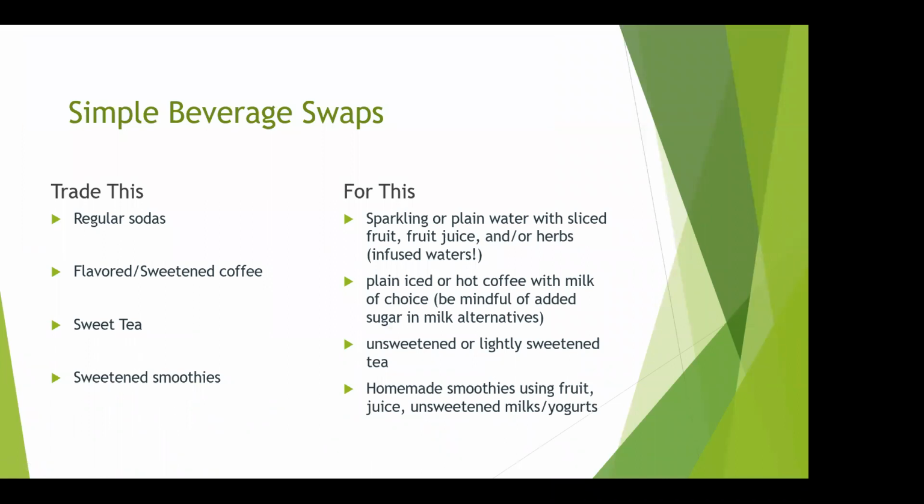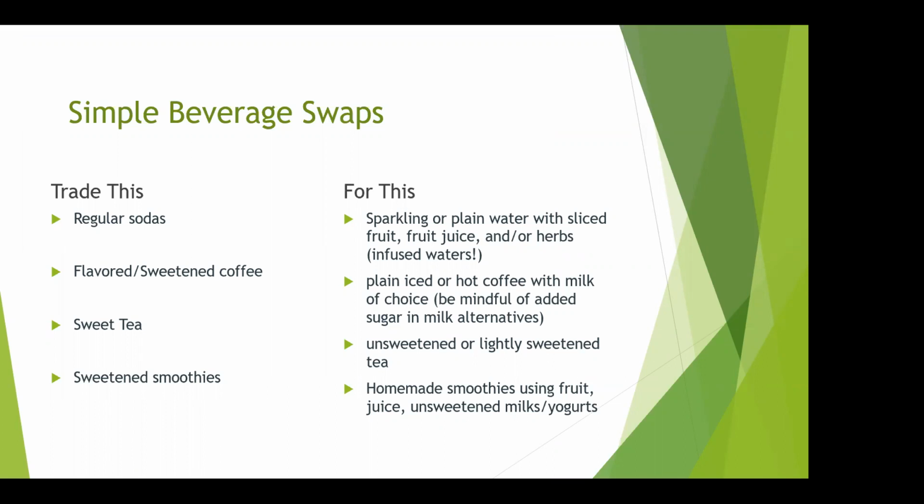So bearing that in mind, that chart that we just went over, here are some tips where you can swap out those higher sugar beverages for some lower sugar beverages. For example, regular soda, as you saw, contained a lot of added sugar.